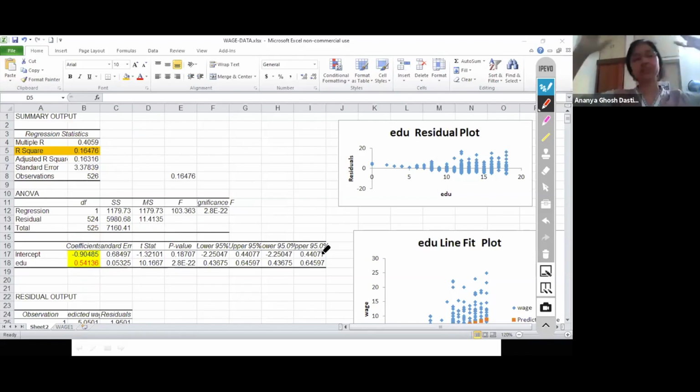The R squared is actually telling us something very simple. It is just telling us how much of the variation in y is explained by the variation in y hat. That's what it is telling us. So what is y? Y is wages in this case, and the total variation in y is basically the variance of y. You can just think of it as the total variance of y.